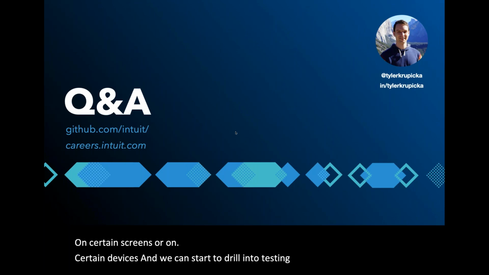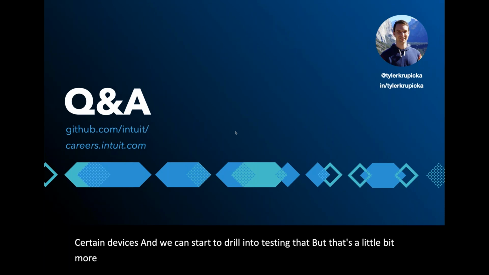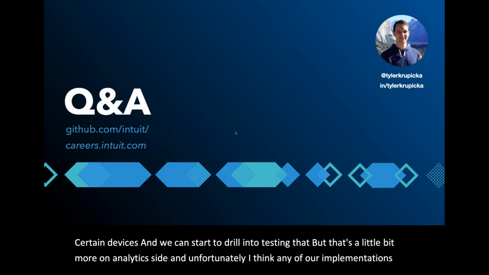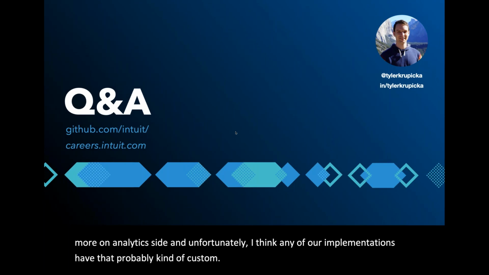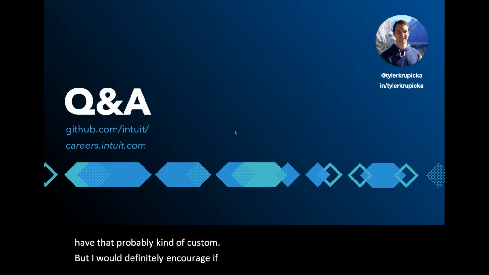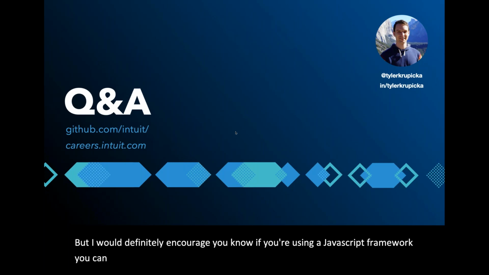But that's a little bit more on the analytics side, and unfortunately, I think any of our implementations for that are probably custom. But I would definitely encourage, if you're using a JavaScript framework, you can probably get some information from it on how long it took the whole page to render, and you can use that.